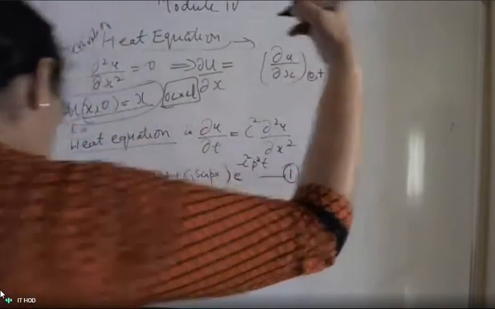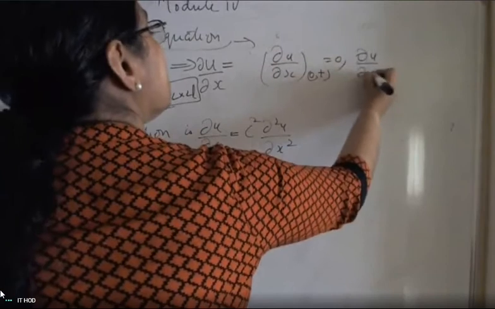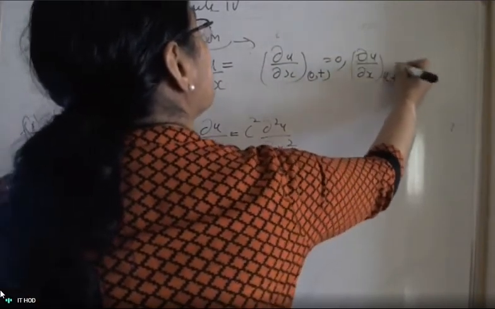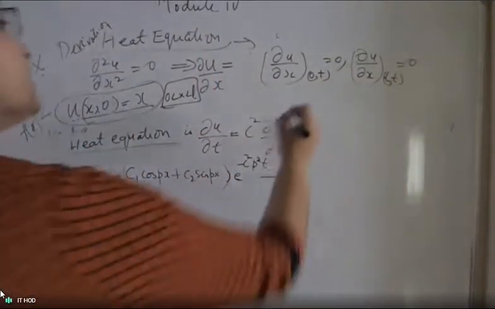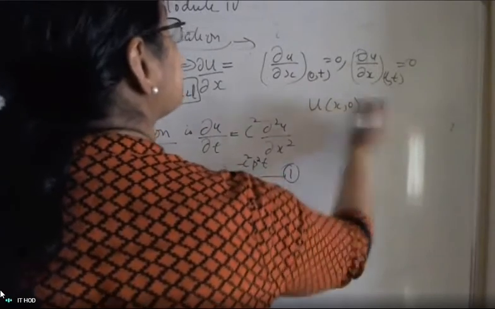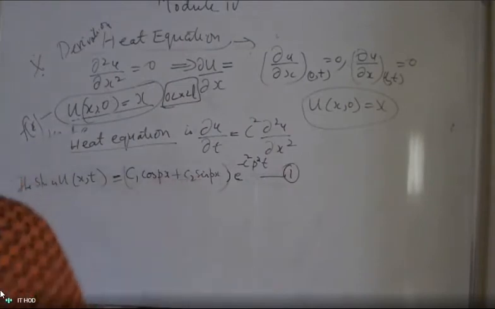That is one condition. The other one is dou U by dou x at (L, t) equal to 0. This is the condition we already got, and we have U(x, 0) equal to x, which we already found. So these three conditions we are going to use here to find the values of C1, C2, etc.